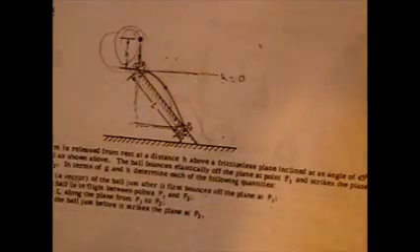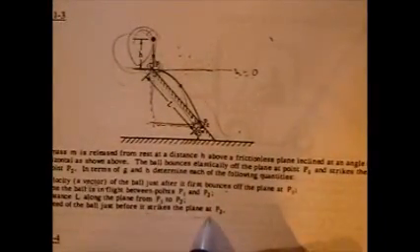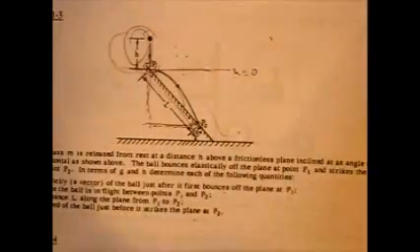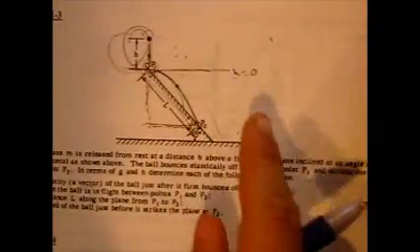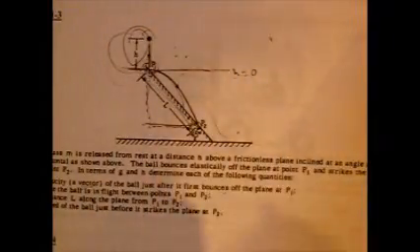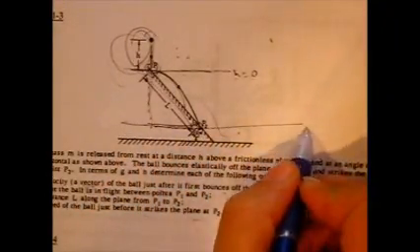Okay. Part D asks for the speed of the ball just before it strikes the plane at P2. So we're going to use the conservation of energy again, but this time we're going to have a new baseline at P2. We're going to start from the beginning. This is our new baseline.